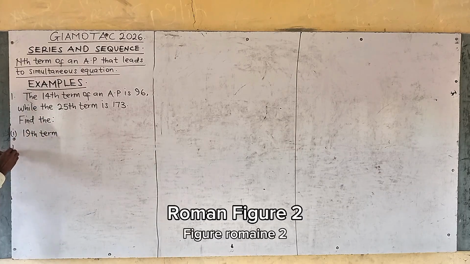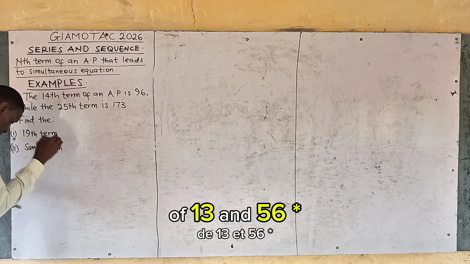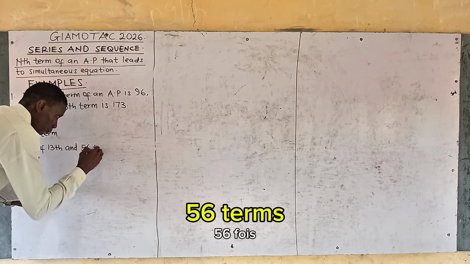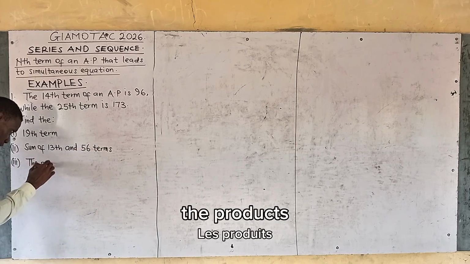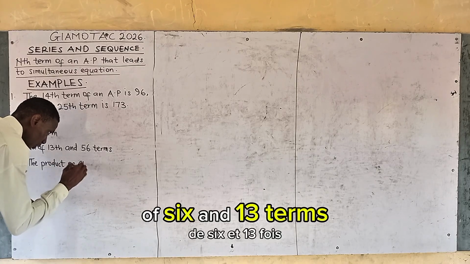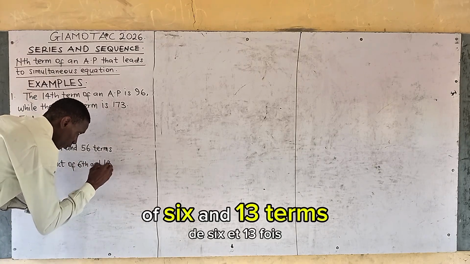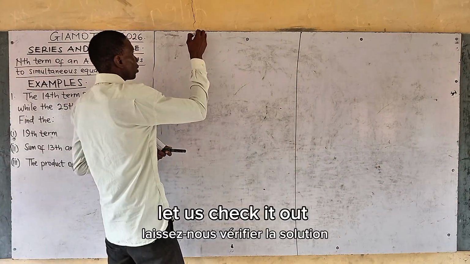Are we following? Roman figure 2, the sum of the 13th and 56th terms. Roman figure 3, the product of the 6th and 13th terms. Can we quickly tear this question into pieces? Let us check it out.